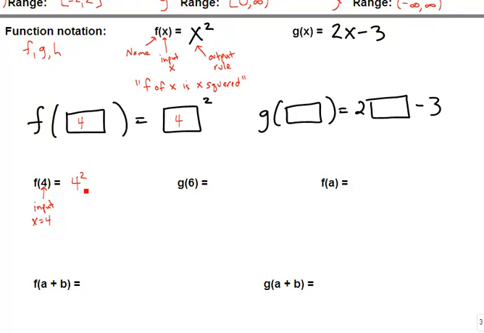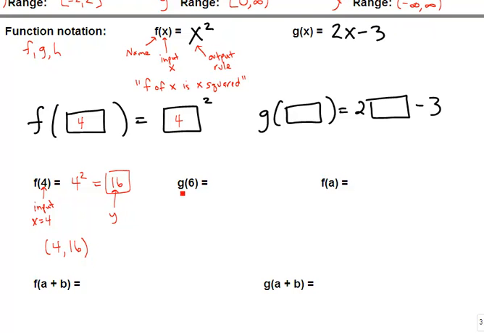So this is going to be evaluated by just substituting 4, squaring it, and we know that 4 squared turns into 16. So f of 4 equals 16. Remember that the x was the 4, so that means this 16 is like the y, and that means this is sort of like an ordered pair, 4, 16.